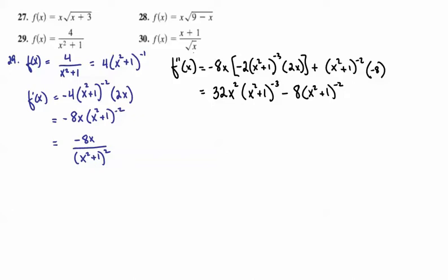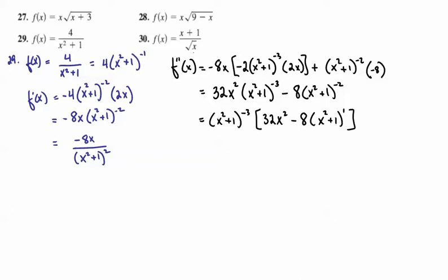We want to factor out the least common multiple, which would be (x squared plus 1) to the negative third power, and that will leave us 32x squared, then minus 8 times (x squared plus 1), and negative 3 plus 1 equals negative 2.